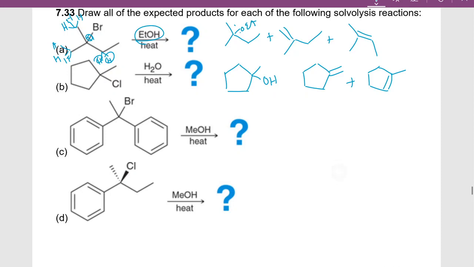Next, this thing. We can get OMe, Me is CH3, so we can get that. Or we can get the elimination product, which only has one possibility.